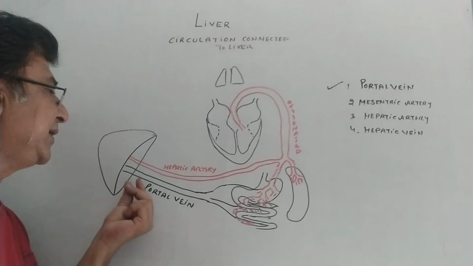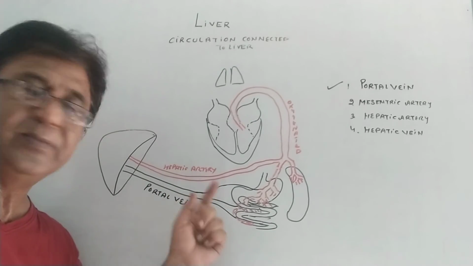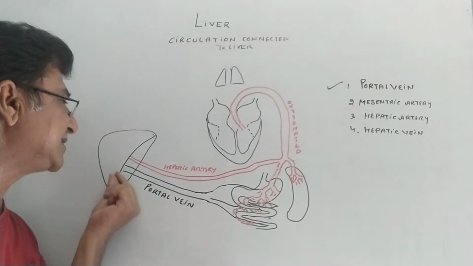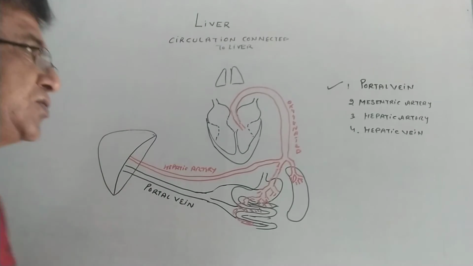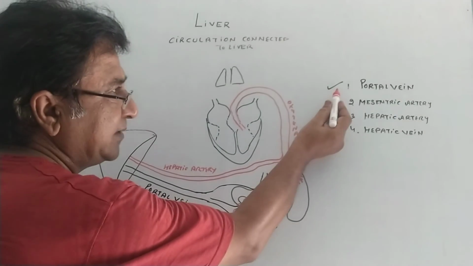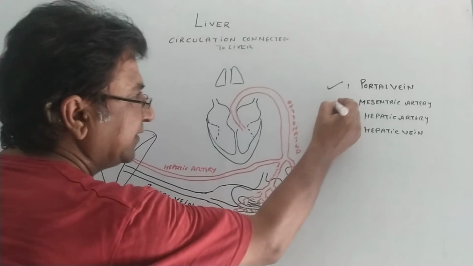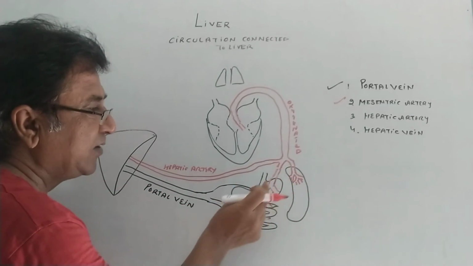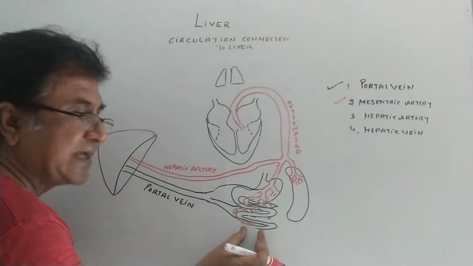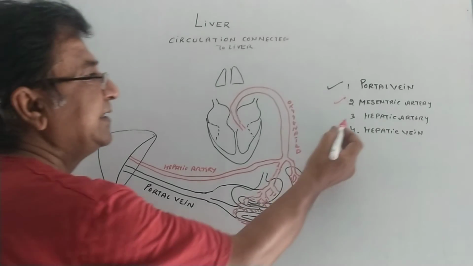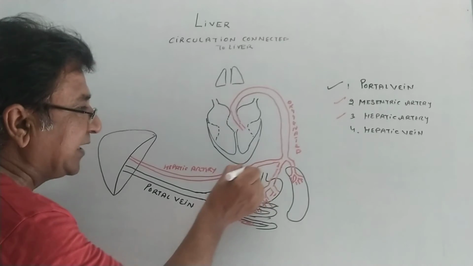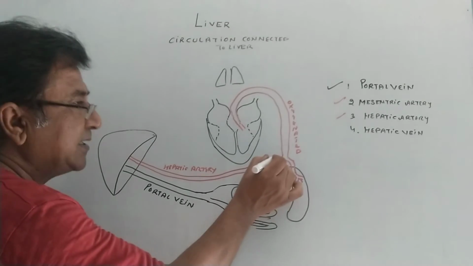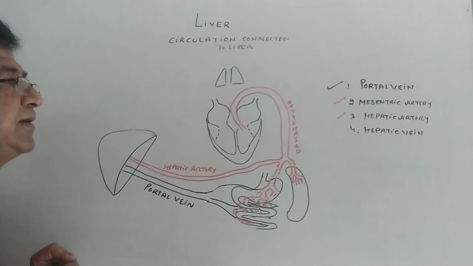So this way oxygenated blood and deoxygenated blood are supplied into the liver. So we have understood the portal vein, and the mesenteric artery, which splits from the aorta and enters into the stomach, pancreas and small intestine. Then the hepatic artery also splits from the aorta and enters into the liver.